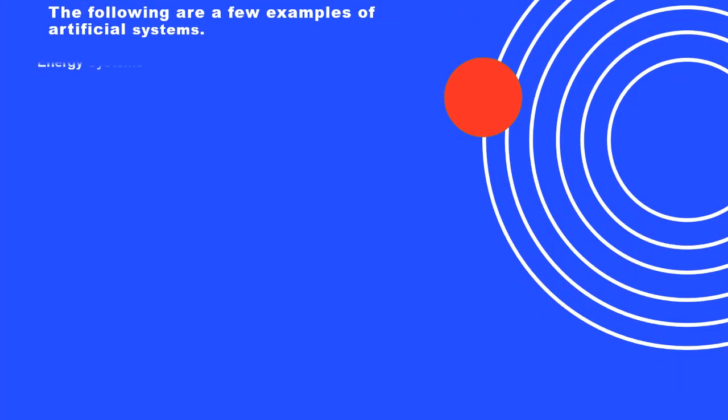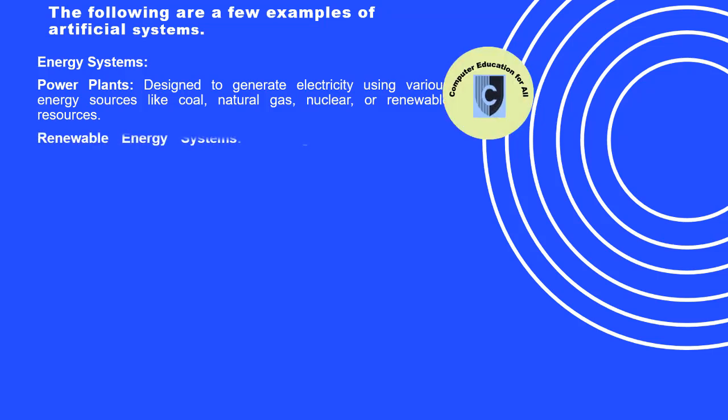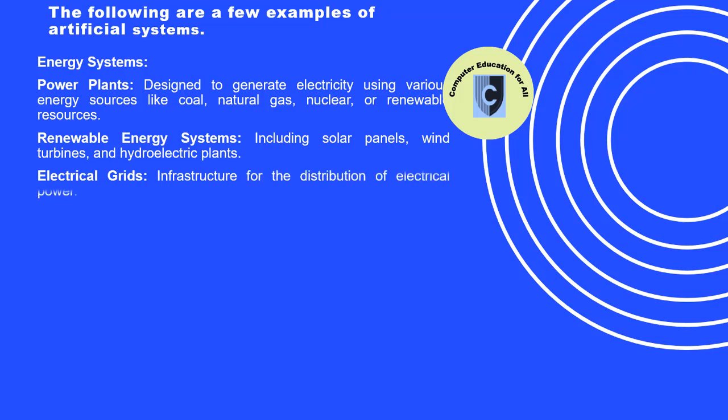Energy systems. Power plants designed to generate electricity using various energy sources like coal, natural gas, nuclear, or renewable resources. Renewable energy systems including solar panels, wind turbines, and hydroelectric plants. Electrical grids, infrastructure for the distribution of electrical power. Manufacturing systems.